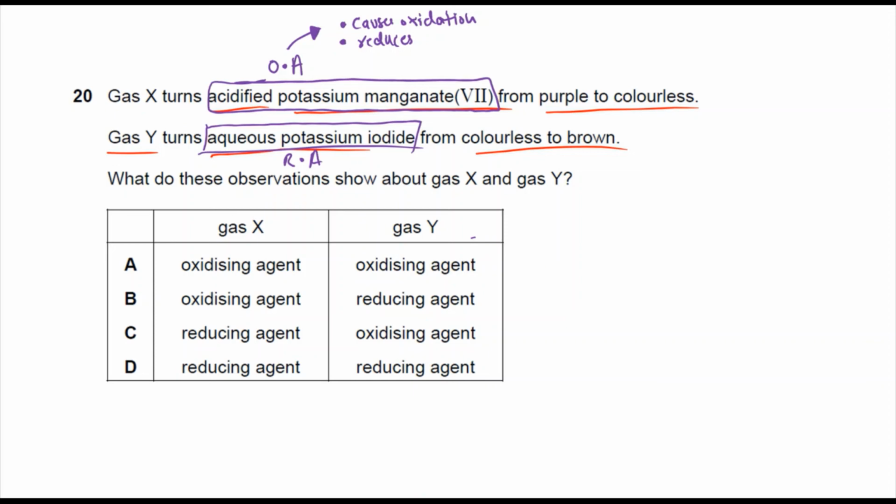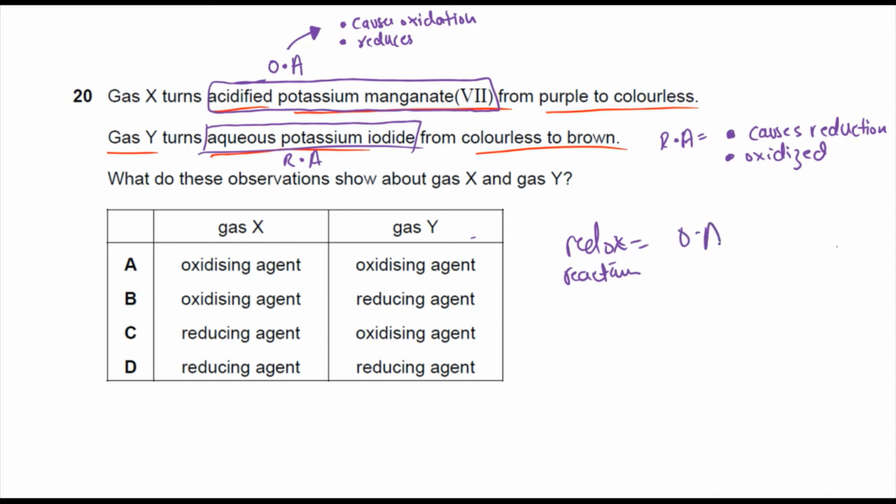What happens to a reducing agent? A reducing agent causes reduction, but itself is oxidized. याद रखिएगा, for a redox reaction, there's always an oxidizing agent plus a reducing agent reacting with each other. सिर्फ तभी काम बनता है, ठीक है?